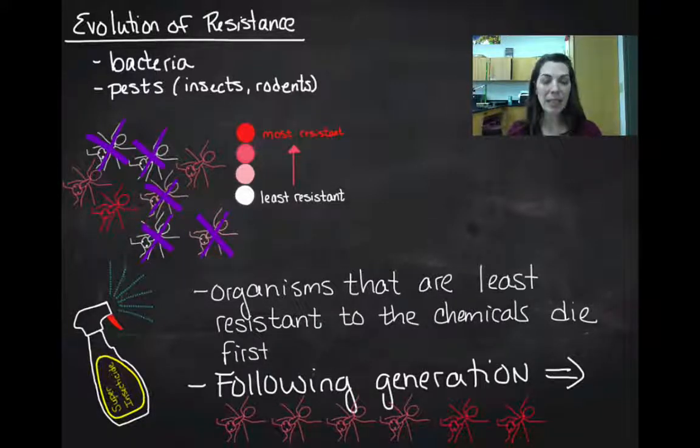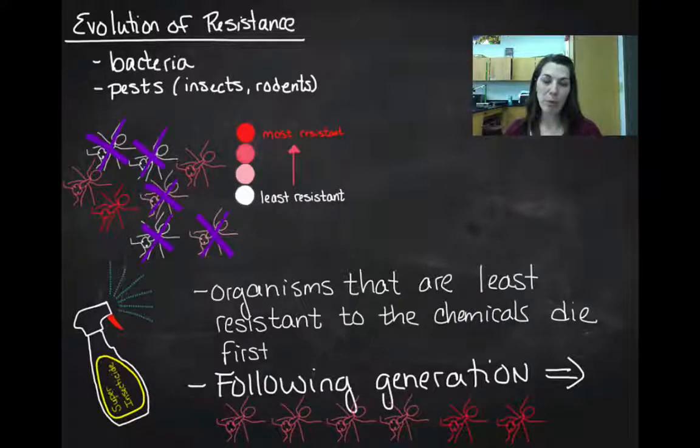But what's happening is you're creating an ecosystem for those that are resistant where exponential growth can happen. So now all of a sudden you're going to have only bacteria in your body that are resistant. And bacteria have ways that they can pass those genes between one another so they can actually share that resistance with other bacteria in the future. So this leads to the creation of those superbugs that we hear them talking about on the news.